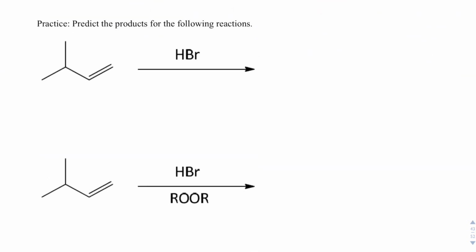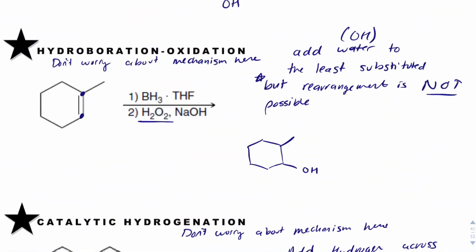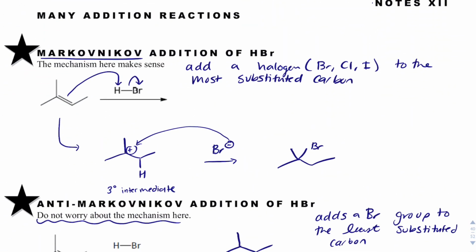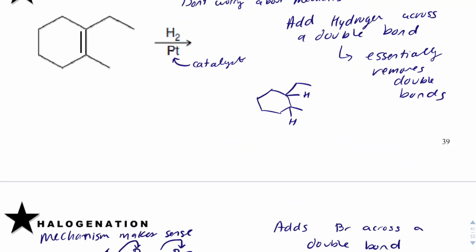Okay, so let's predict the products for the following reactions. On this one, we need to draw the mechanism. We take the H, put the positive on the most substituted. I don't think I wrote it, but I'm going to go back and write it: rearrangement is possible for HBr, or HCl, or HI.